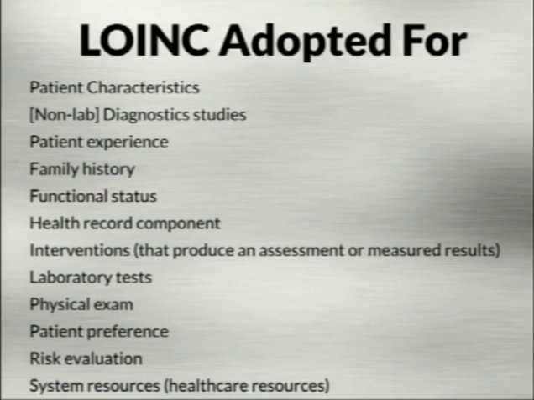Those three fit together across many domains, such as non-lab diagnostic studies, functional status, disability evaluation, patient preference, and so forth. So the impact is that the national efforts around quality measures are using these guidelines to define what the measure is.